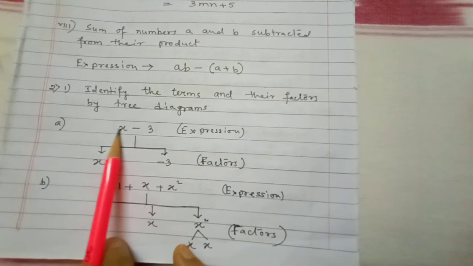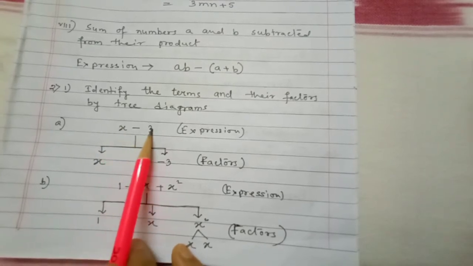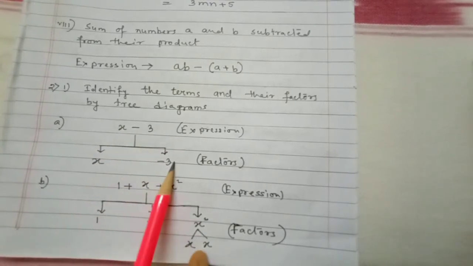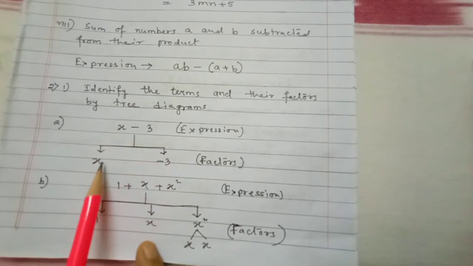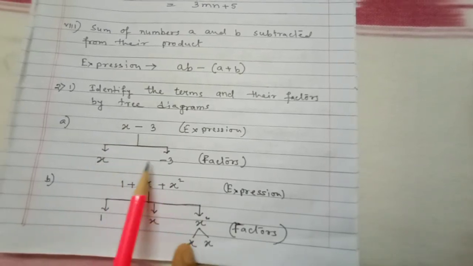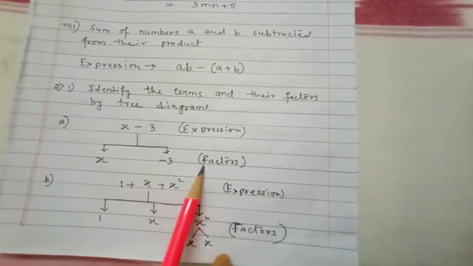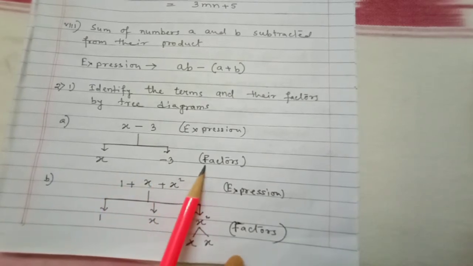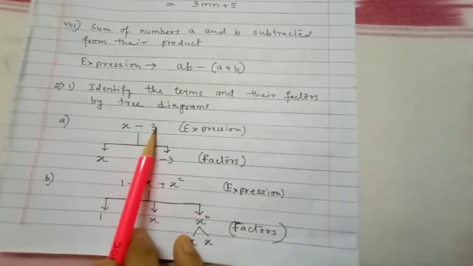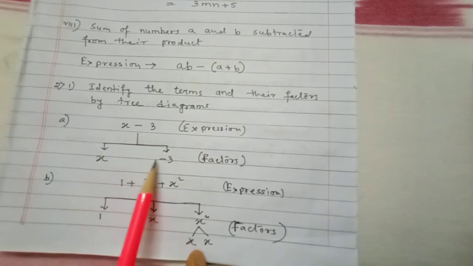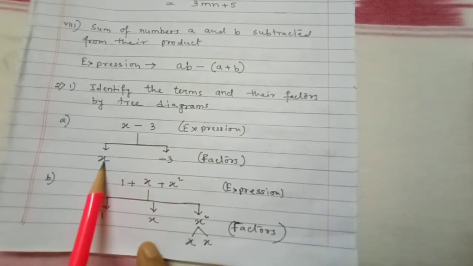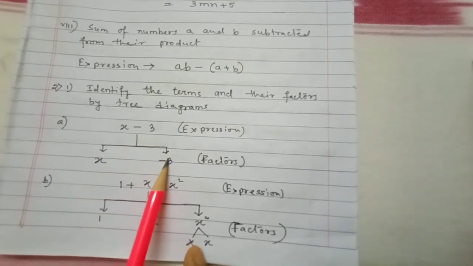From this expression you are getting 2 terms, and as there is only this number, it is terms and factors both. So I have mentioned it as factors only. From this expression we are getting 2 factors, one is x and one is 3.